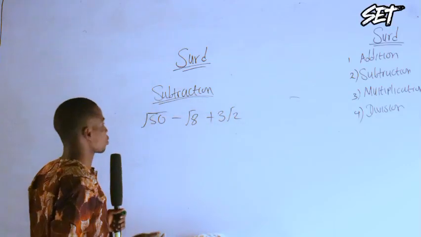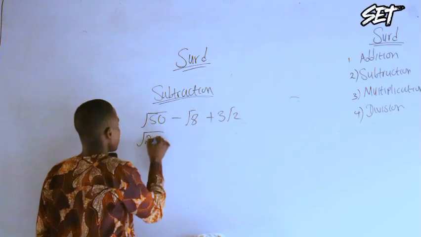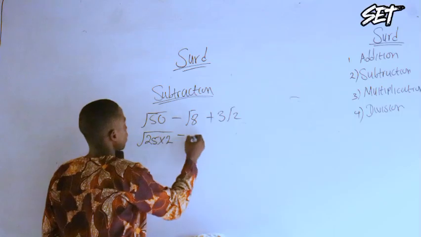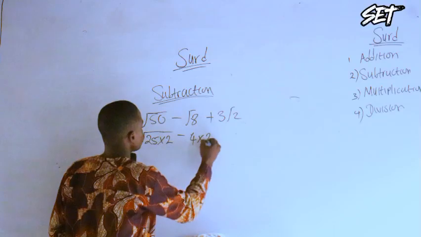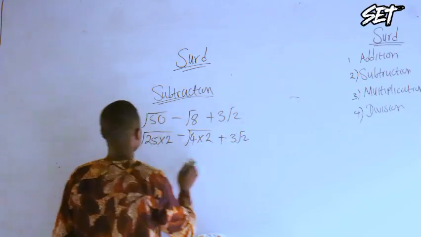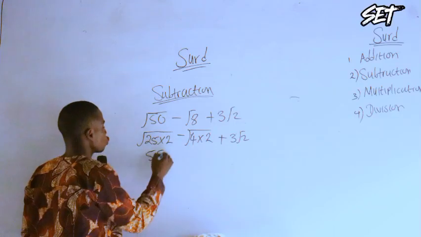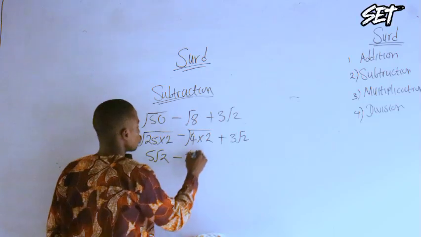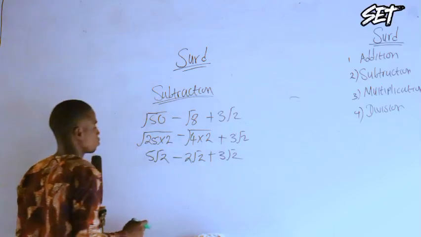Very simple, subtraction. Now, split this one. It will be root 25 times 2 minus root 4 times 2, which gives you root 8, plus 3 root 2. How can we do this one? This one will be 5 root 2 minus 2 root 2 plus 3 root 2.